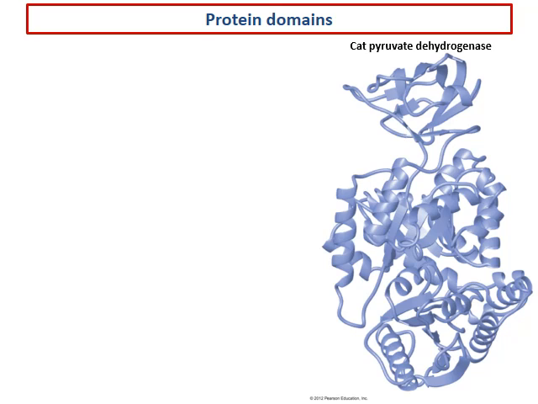The picture on the right depicts that of the enzyme pyruvate dehydrogenase. And what you can see is there are many types of secondary structures that have now wrapped together into this tertiary structure. And within this tertiary structure of pyruvate dehydrogenase, we have several types of protein domains.